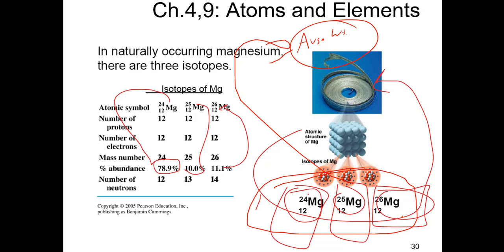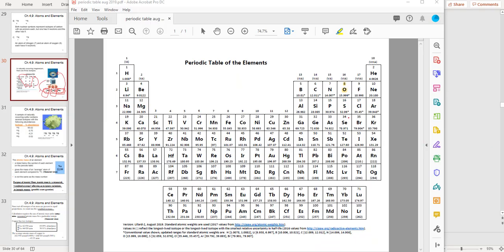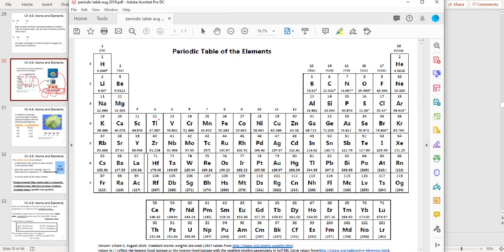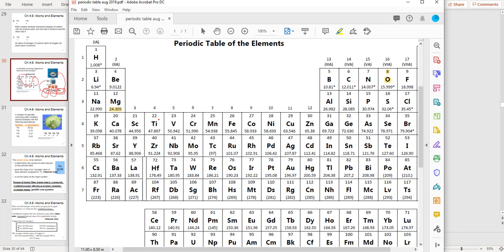So for magnesium-24, magnesium-25, magnesium-26, if you take a look at your periodic table and you find magnesium, the average atomic weight for all of those isotopes is going to be 24.305.